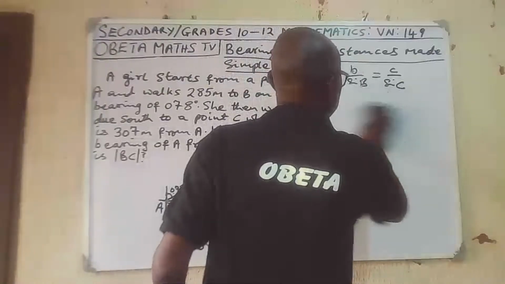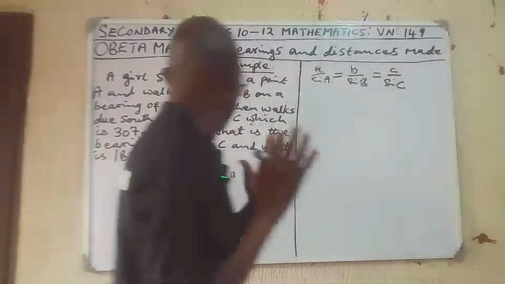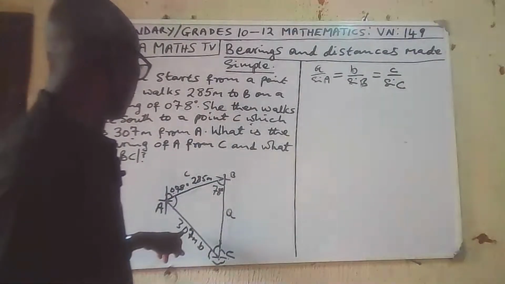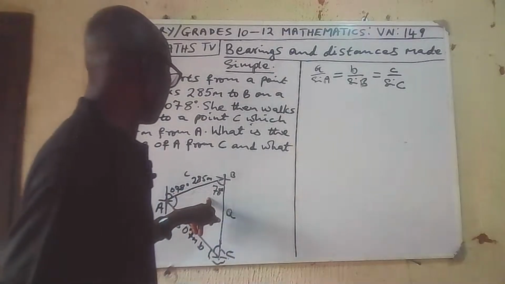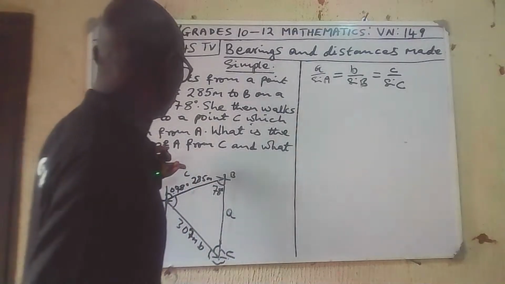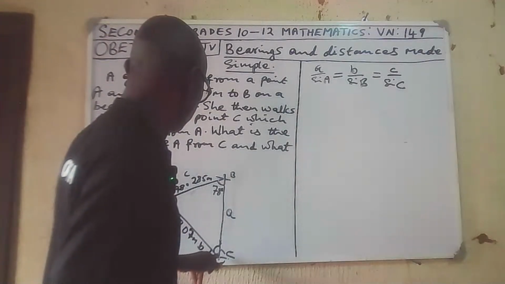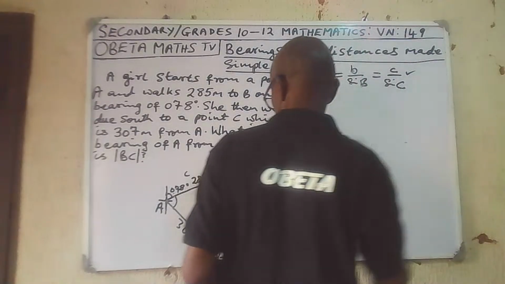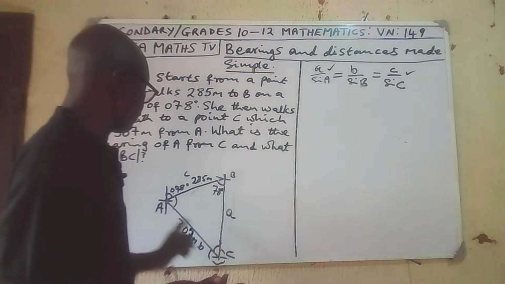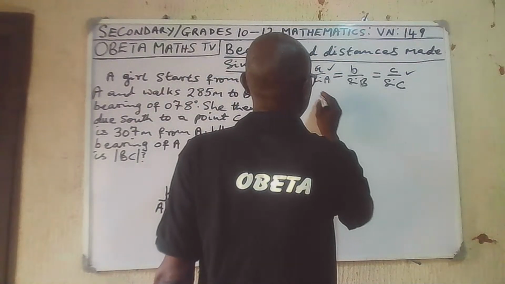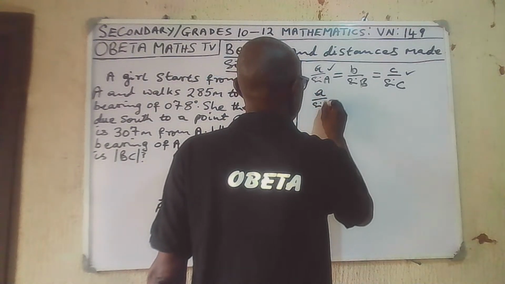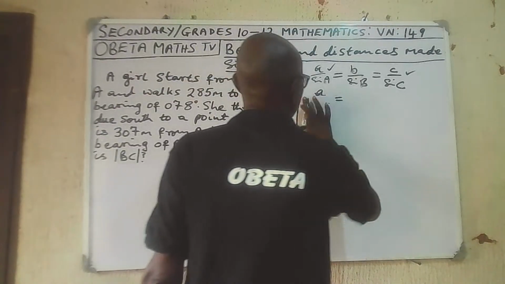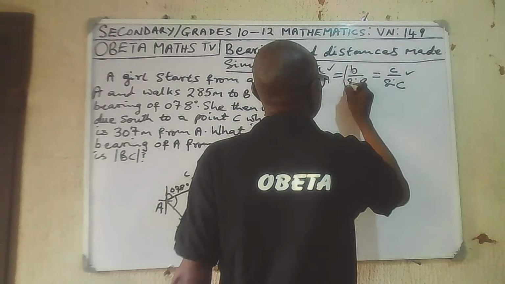But here, we have to use the one of them we know complete, and then the one we are looking for. So if you check, we know small b, capital B. We know small c, but we don't know capital C. So let us pick this and this, because that's how we can get the bearing of A from C. And that means we are now going to take A over sine A, no. We are going to use B. That is, we are using this and this.